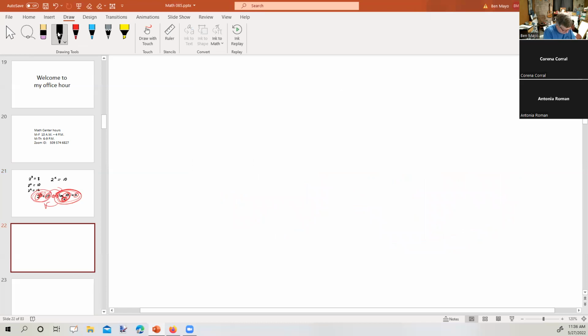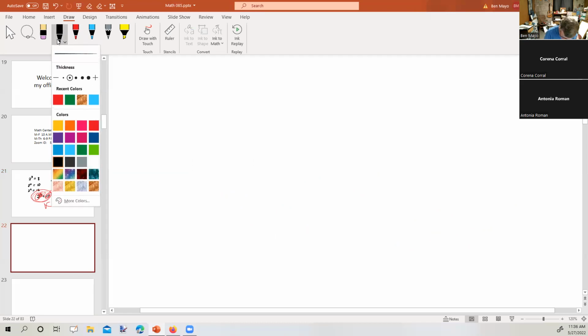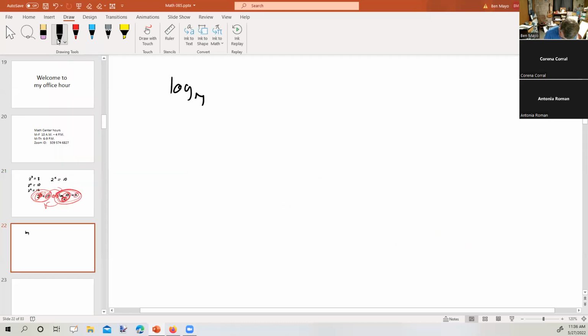Give me a second here to get to the page. Let's say we have the following equation. Log base 7 of 7 equals 1. So the base is 7.